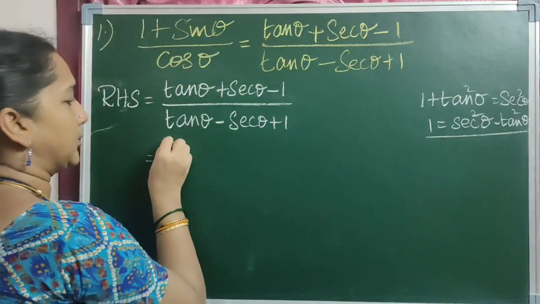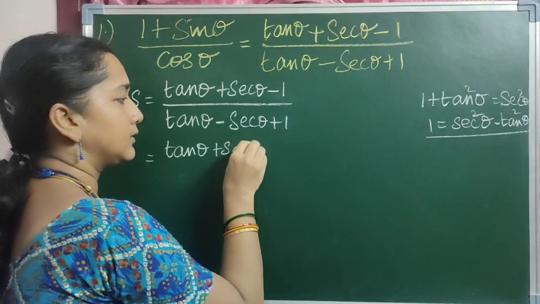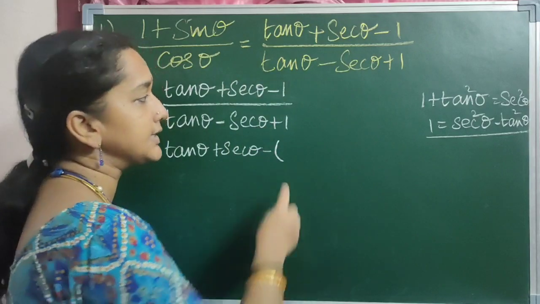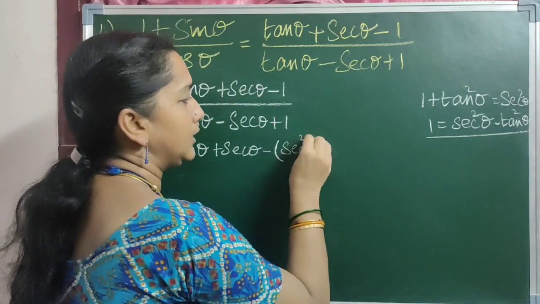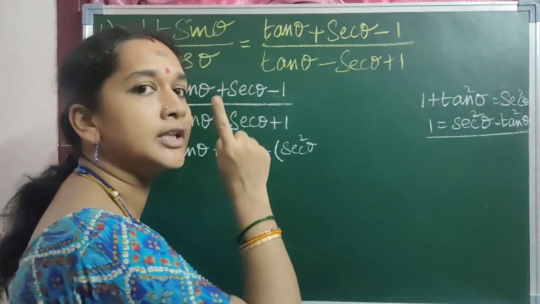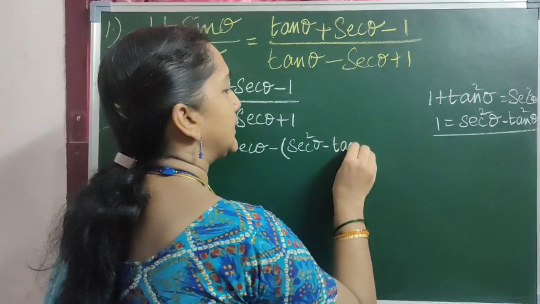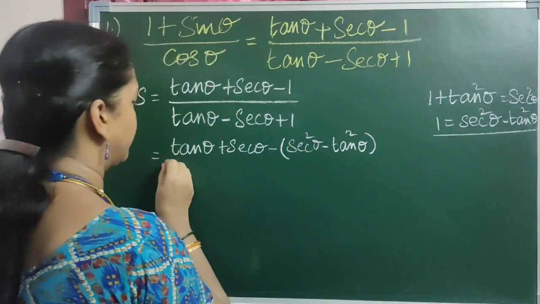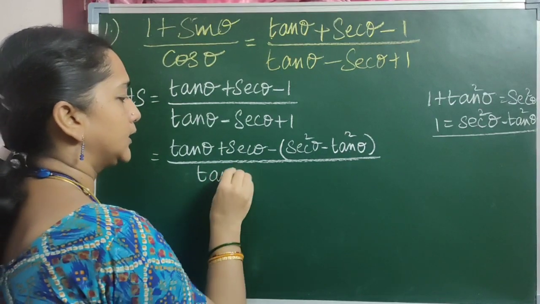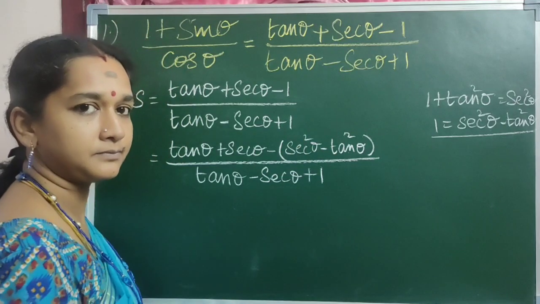So this is equal to tan theta plus secant theta minus, I am writing this 1 as secant squared theta minus tan squared theta. Only in the numerator I am going to write that, by tan theta minus secant theta plus 1.